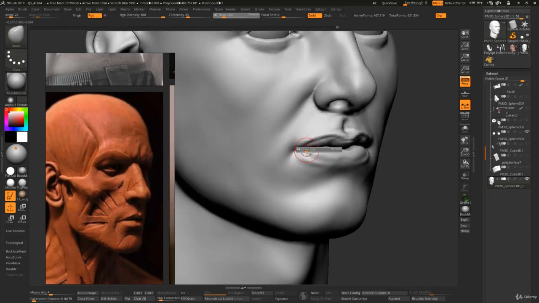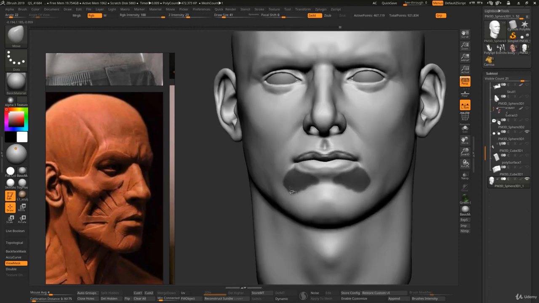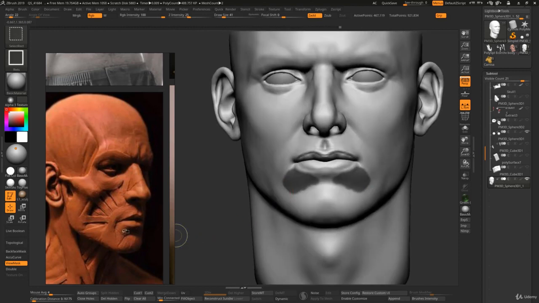So now talking about the mouth, we can see that region here. All right, which is because of these muscles, the pressor labialis, right?